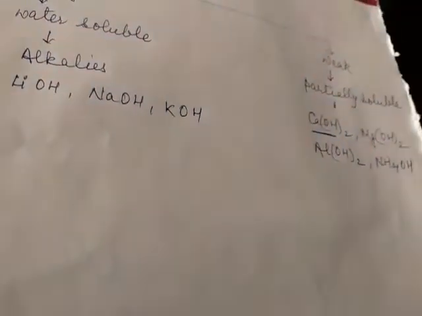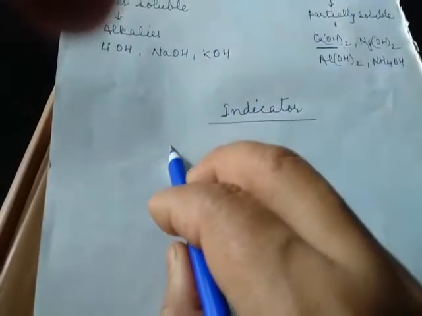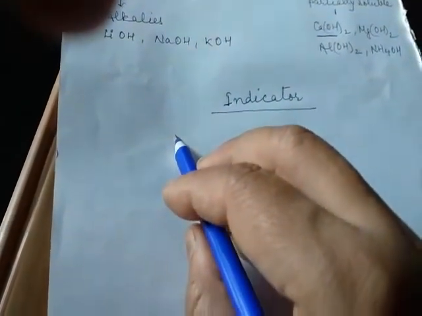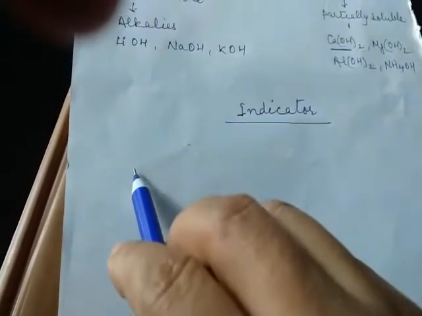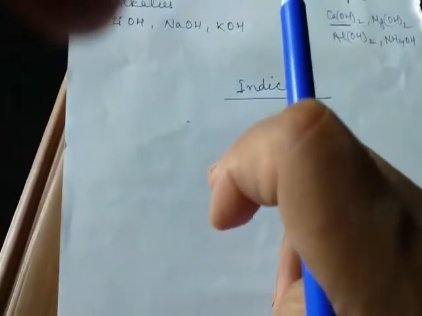So let's start the next topic, which is properties of acids. Before going to the properties of acids, we must understand indicators. What are indicators? Indicators are those chemicals which identify an acid or base on the basis of their color change and smell change, or change of their odor.